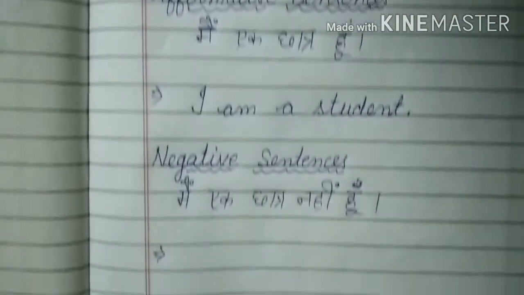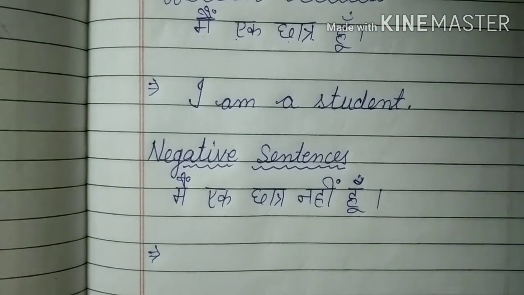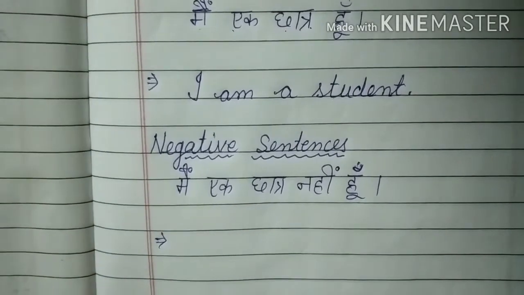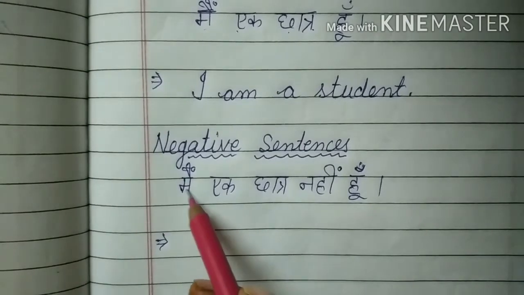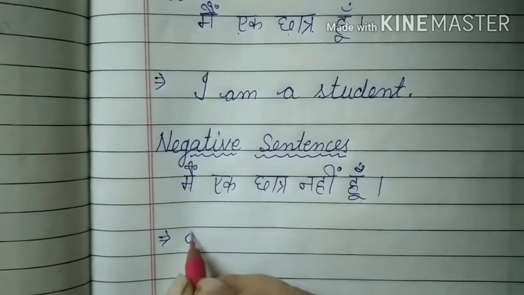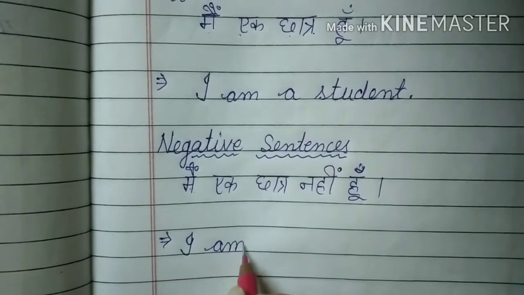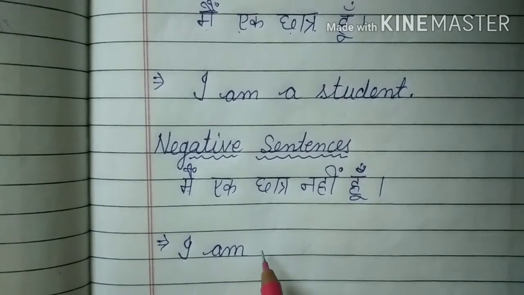Then negative sentences. Negative sentences means नकारात्मक वाक्य, where we use not in the sentence, जहाँ पर हम नहीं use करते हैं. So let's translate this sentence into English. मैं एक छात्र नहीं हूँ. मैं means I. With I we use am, and in negative sentences with am we use not.